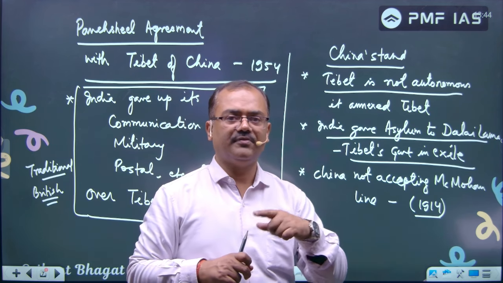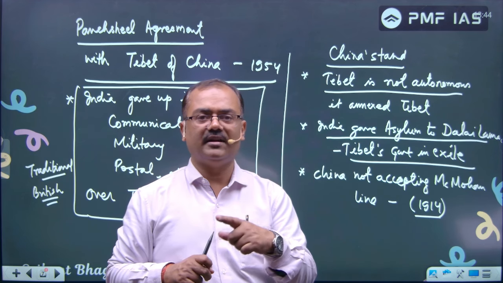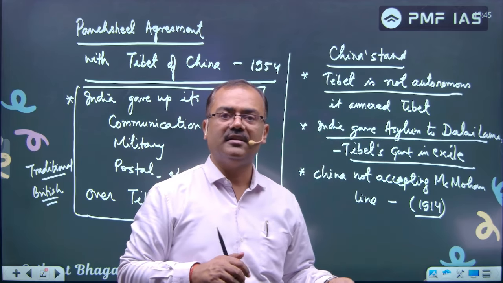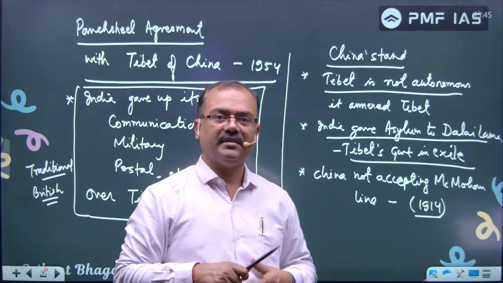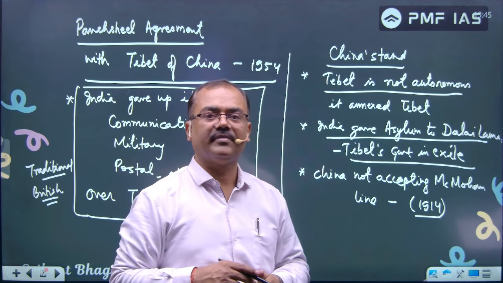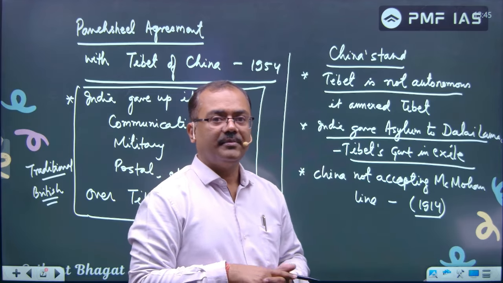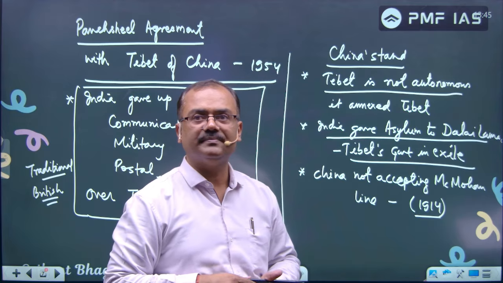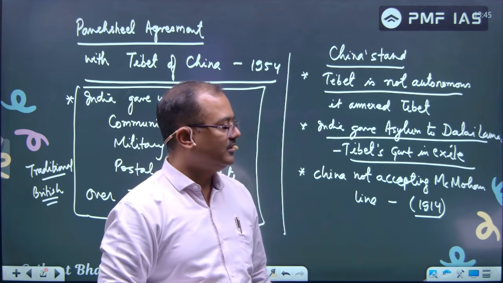Recently, one of the citizens of India, an Arunachal Pradesh resident, went to China on India's visa. That person was humiliated by Chinese officials because China had started giving stapled visas to Arunachal Pradesh residents. I will discuss this point later on.